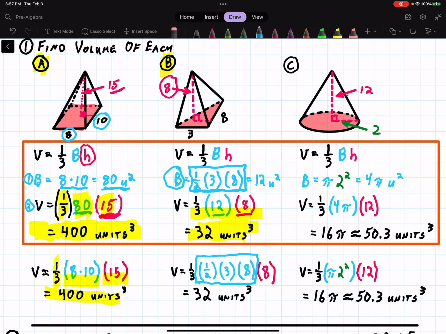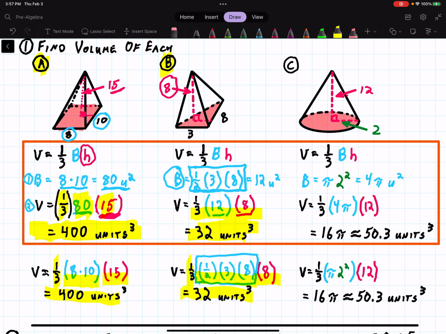Other than that, it's the same exact formula. I've got my 1/3, and then times the base of my triangle, 1/2 base times height of the triangle, and then times the 8, which is the height of my pyramid. It comes up with the same answer, 32 units cubed.